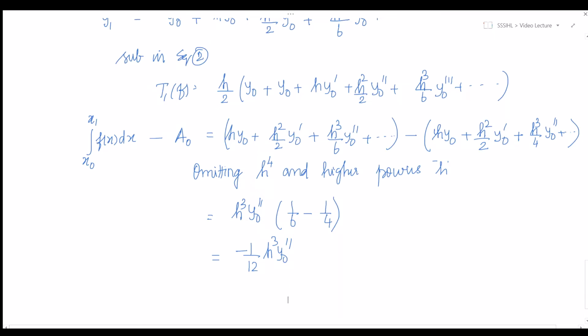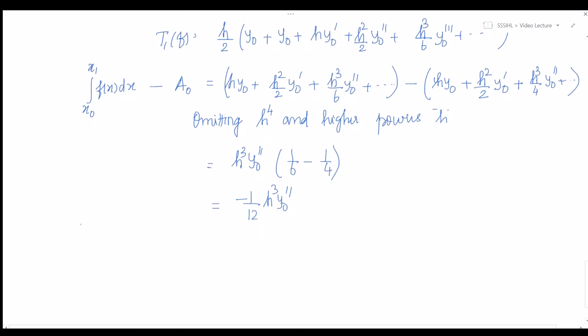Similarly, for the subsequent subintervals, in general we have the integral from xi to xi plus 1 of f of x dx minus the area using the trapezoidal rule, Ai, which is going to be minus 1 by 12 into h cube into yi double dash.